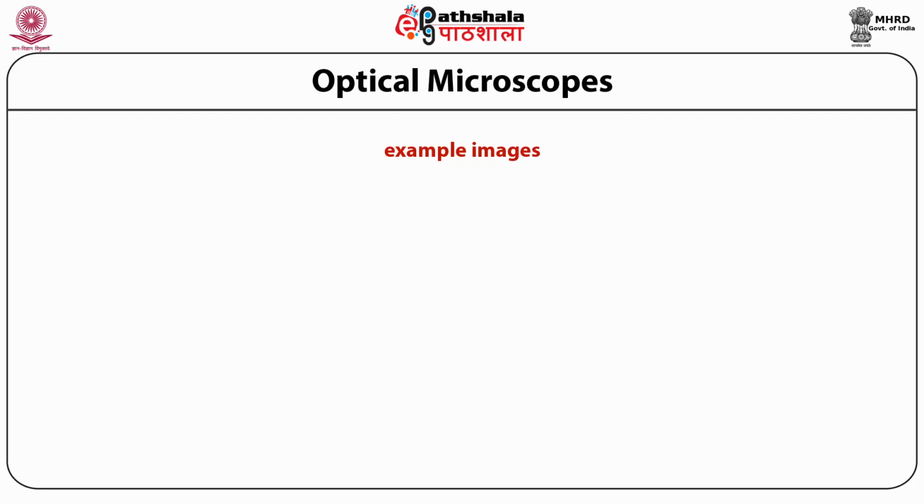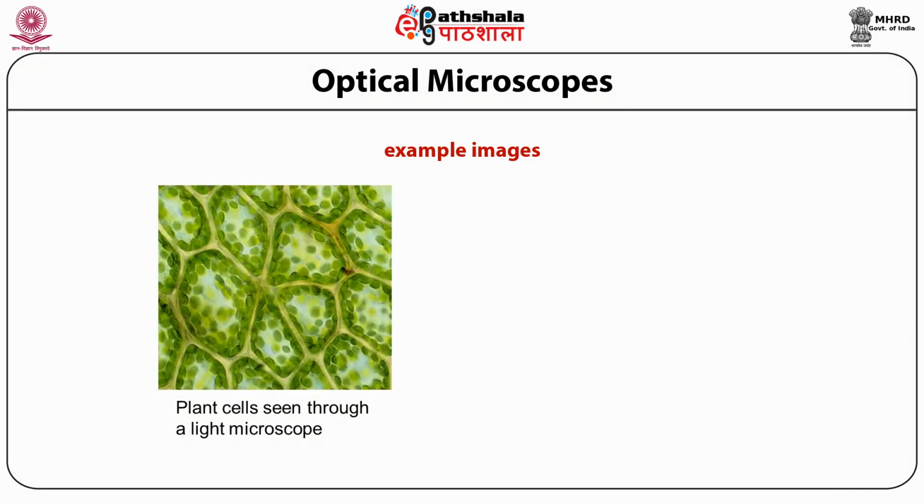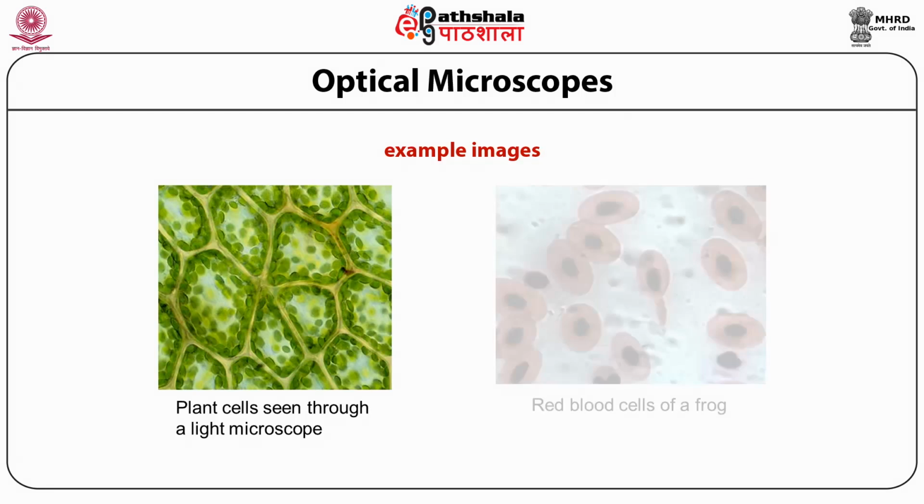In this slide, we show just two examples where optical microscopes were used to image microscopic objects which were difficult to see by naked eyes. In the first example, we have plant cells seen through a very high resolving power light microscope. In the second one, which might be more familiar to you, that is an optical micrograph of red blood cells.